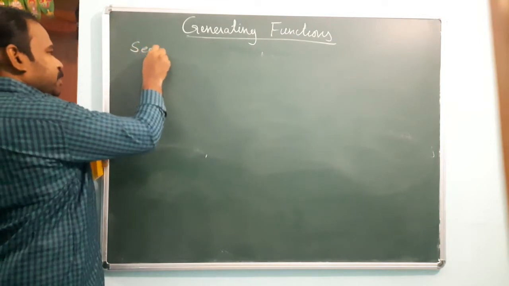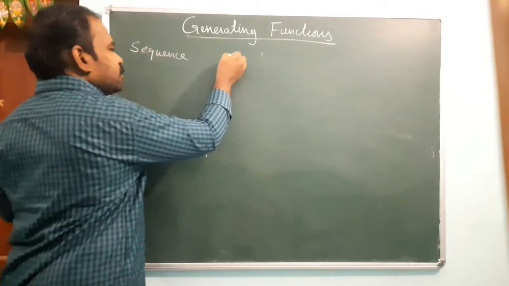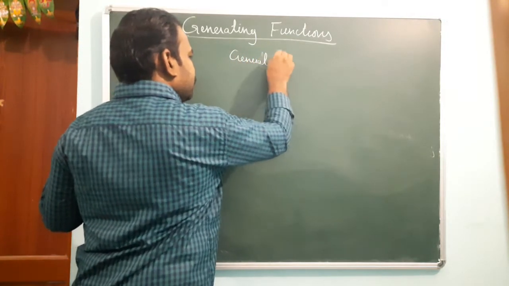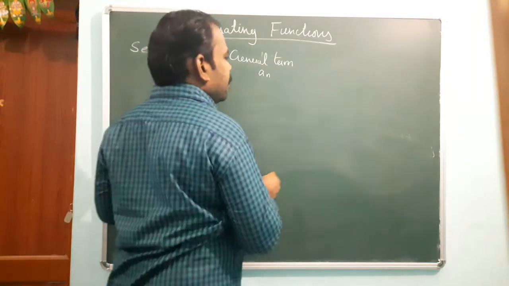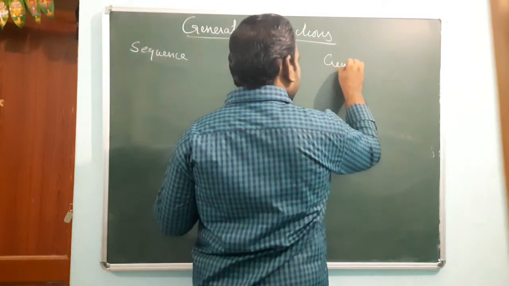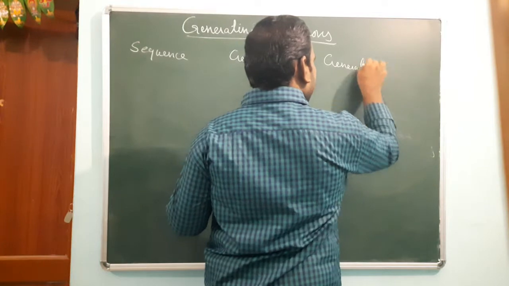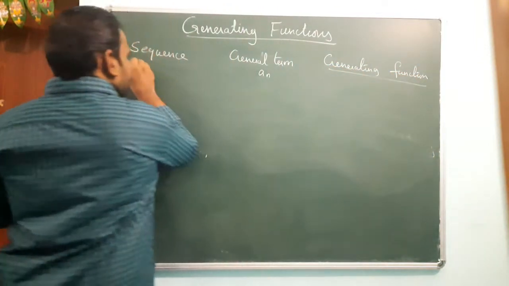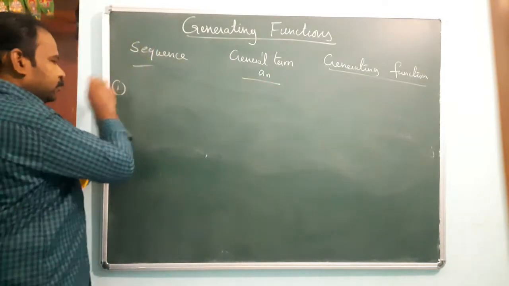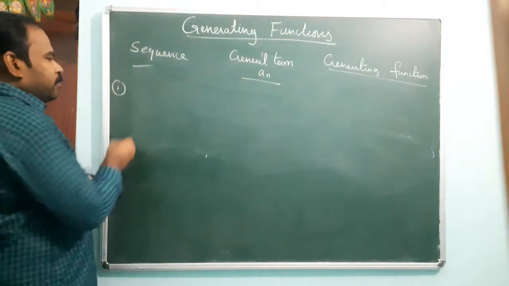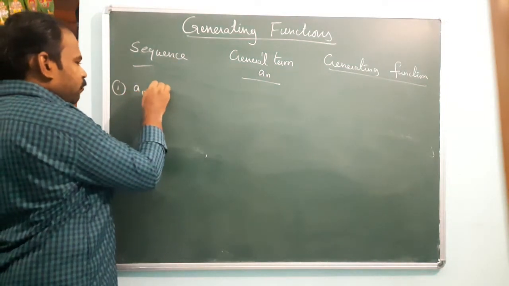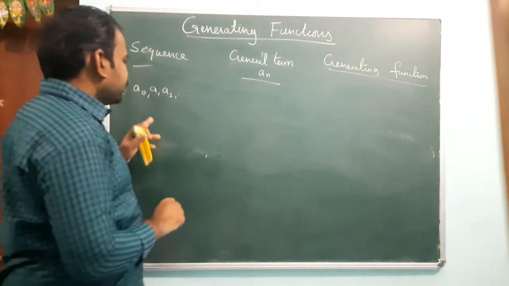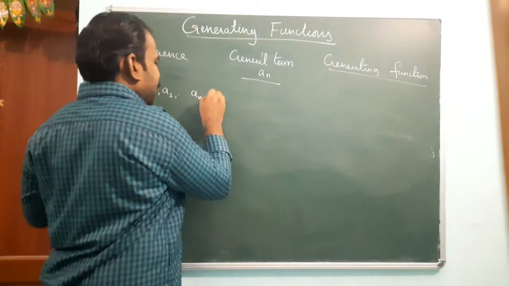The first one is sequence, general term, that is an, and generating function. The general format is a naught, a1, a2 etc. It is a sequence where the general term is given by an.